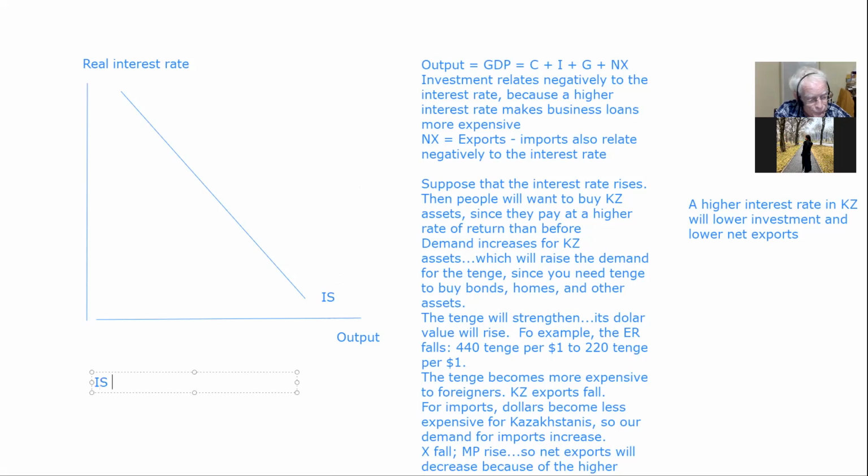So IS expresses the real sector, so-called. By real, I mean physical goods, computers, coffee, and so forth. Now, to complete a model of the economy, we will need the non-real sector. And by non-real, I just mean financial.